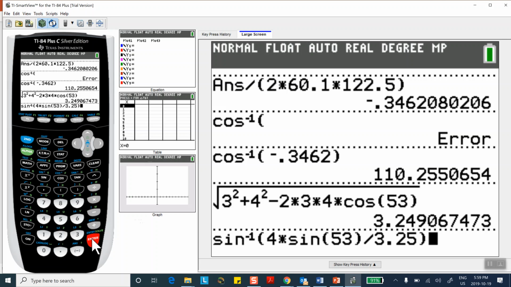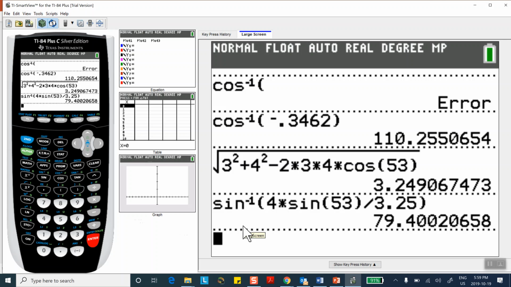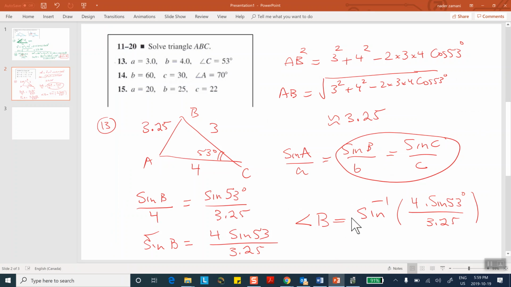And you close this, and you have 70.4. So angle B is approximately 70.4 degrees.